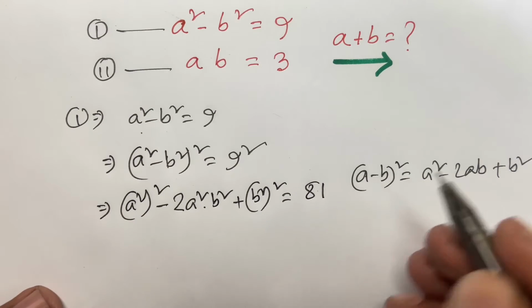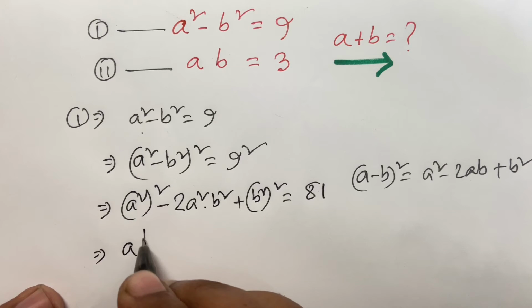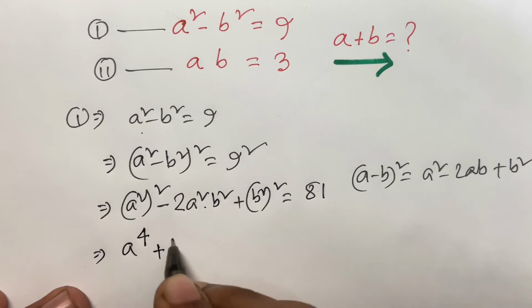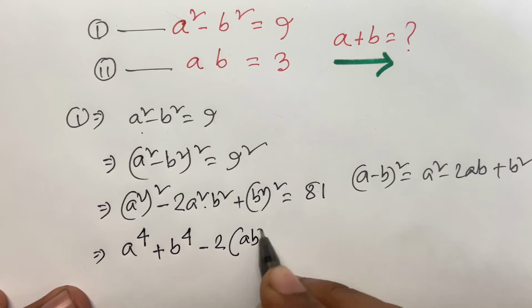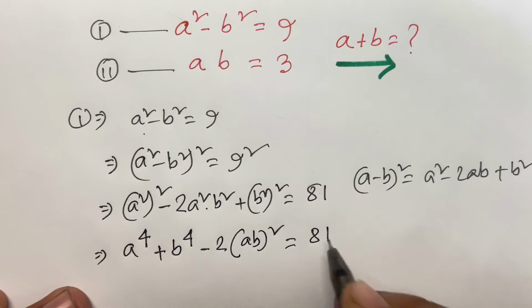Now I can say a to the power 4 plus b to the power 4 minus 2 into (ab) square equals 81. We know that ab is equal to 3, so 3 whole square is equal to 9. Now a to the power 4 plus b to the power 4 minus 2 times 9, and 9 multiplied by 2 is equal to 18. So minus 18 equals 81.